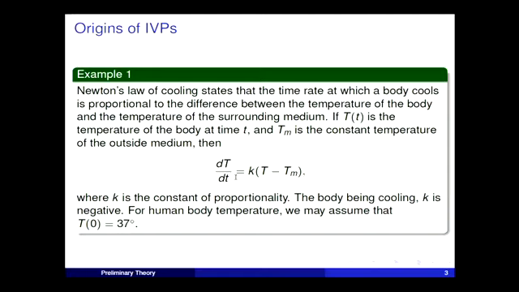On the left appears the first derivative with respect to time, and T appears on the right as well. So it's called an ordinary differential equation. And when you have some initial condition, when time equals 0, you know that T will be something, then it's called an initial value problem, okay?